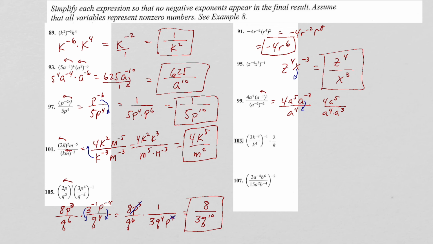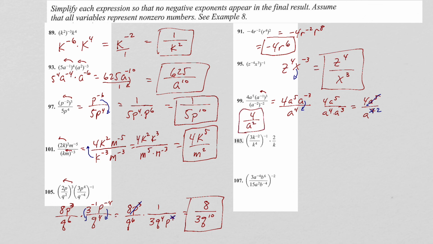Now, this is 4a to the 5 over a to the 7, because 4 plus 3 is 7. Then all 5 of these will cancel out with 5 of those, leaving a 2 down there. So the final answer here is going to be 4 over a to the 2nd.